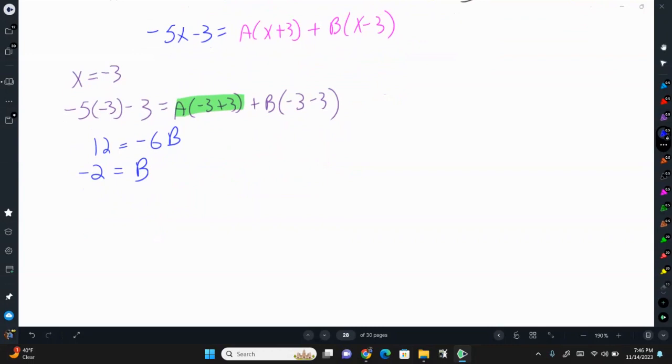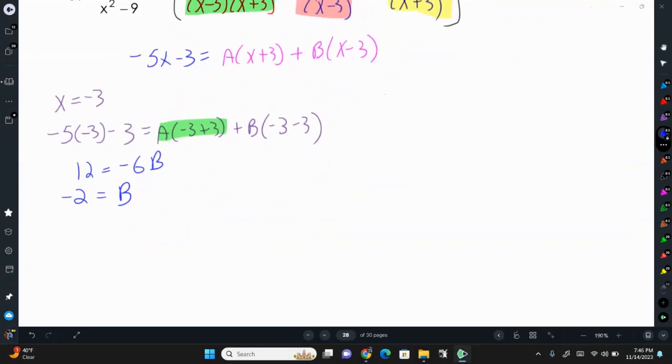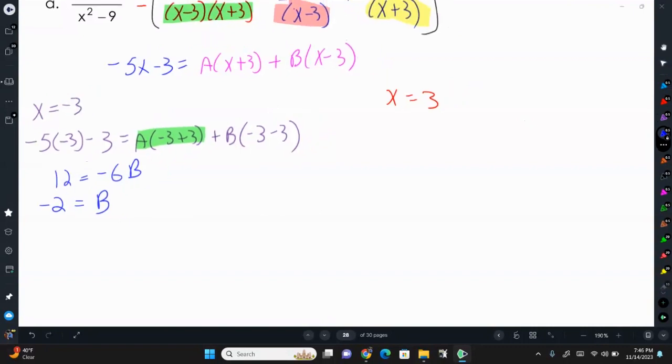Now let's substitute in, or plug in, x equals +3. X equals +3 is going to give us -5 times 3 minus 3 equals a times 3 plus 3 plus b times 3 minus 3.